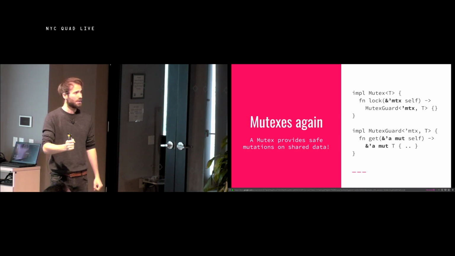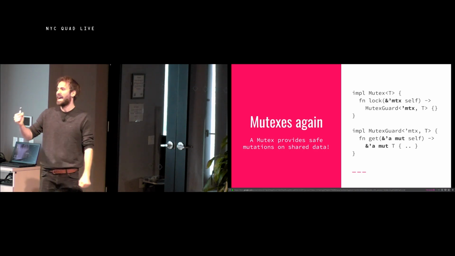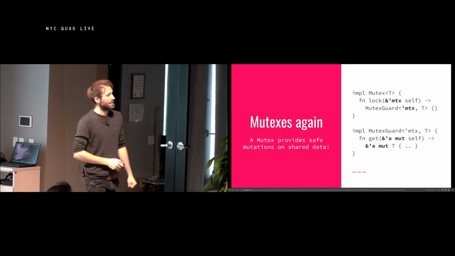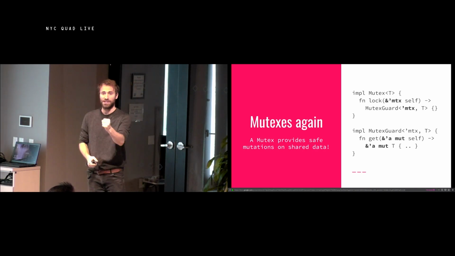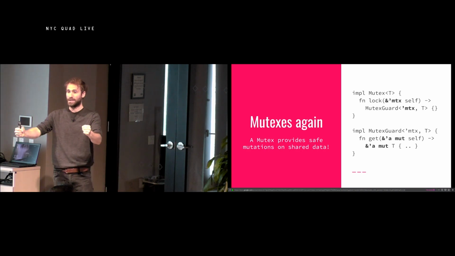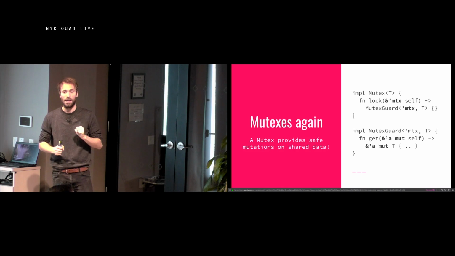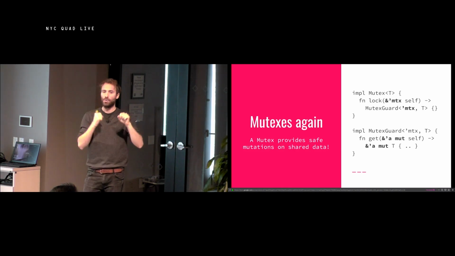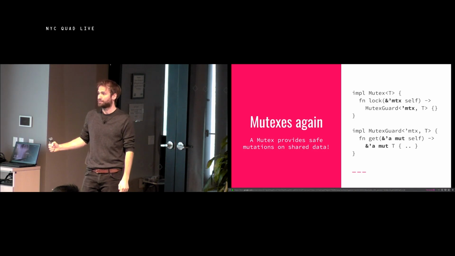So when you take the lock, you take an immutable reference to the mutex, and you get back a handle to the inside of the lock. That inside of the lock has a get method that, as long as you have exclusive access to the credential, you get exclusive access to the T, right? So what this entire chain is saying is that as long as the mutex is still alive and you have the lock, you can get a mutable reference to whatever is inside the lock.